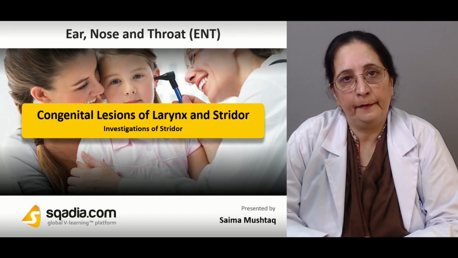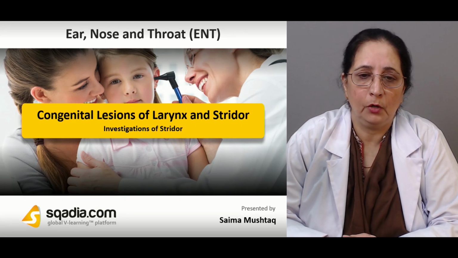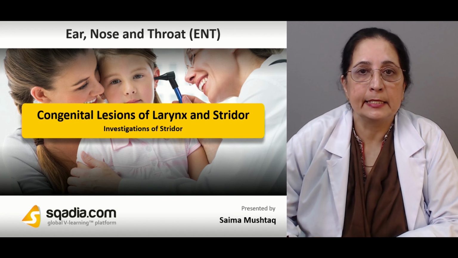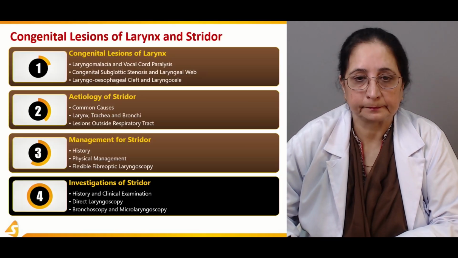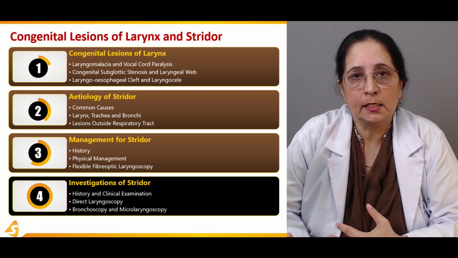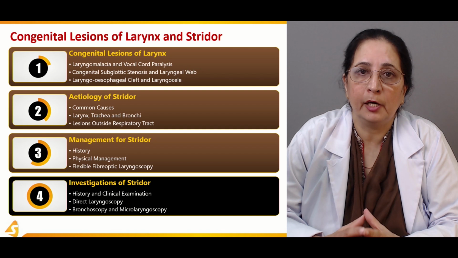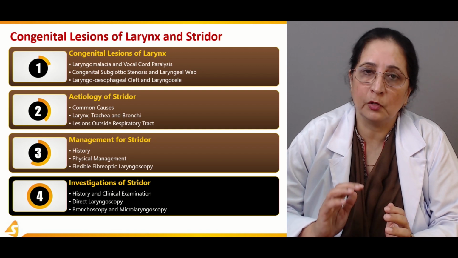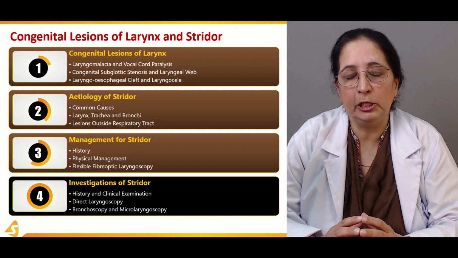In the fourth and final section of our lecture, now we will go over the investigations of stridor. When we discuss the investigations of stridor, we will again focus on history and clinical examination.